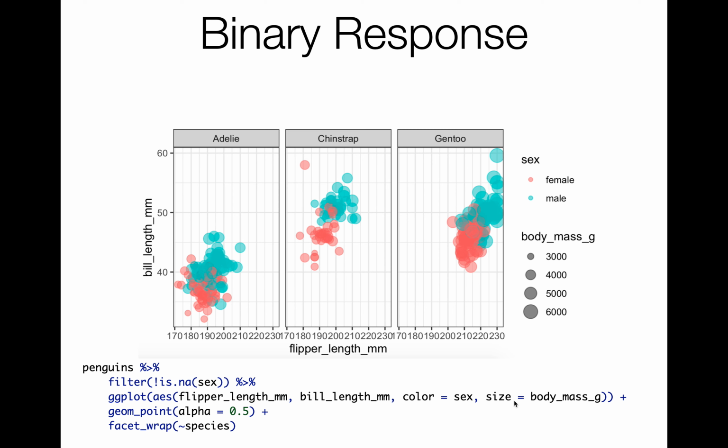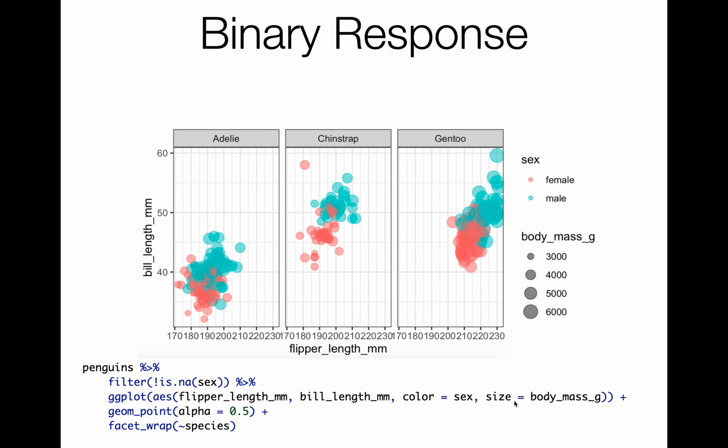In this example, the penguins are either female or male. If I was looking to predict the sex of a penguin, female or male, that would be a binary response. But if I was predicting the species, there are 3 possible responses, so that wouldn't be binary.